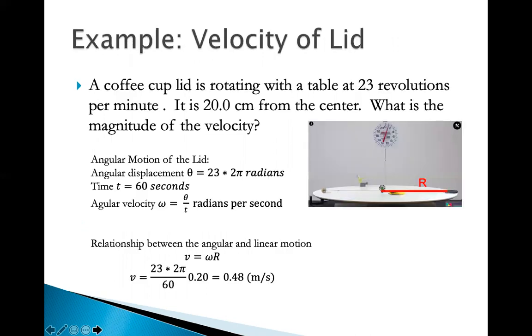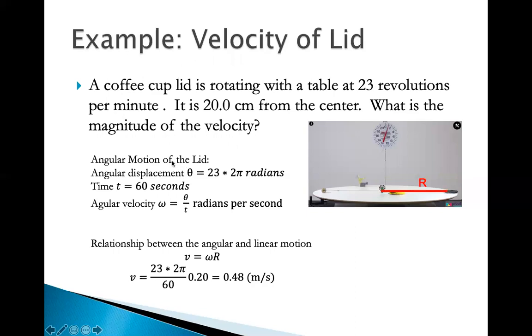Look at this in an example. There is a table that's rotating at 23 revolutions per minute. Again, a revolution means a full circle. There is a coffee cup lid sitting at the edge of the table, 20 centimeters from the center. So r equals 20 centimeters, converted to 0.20 meters in SI base units.